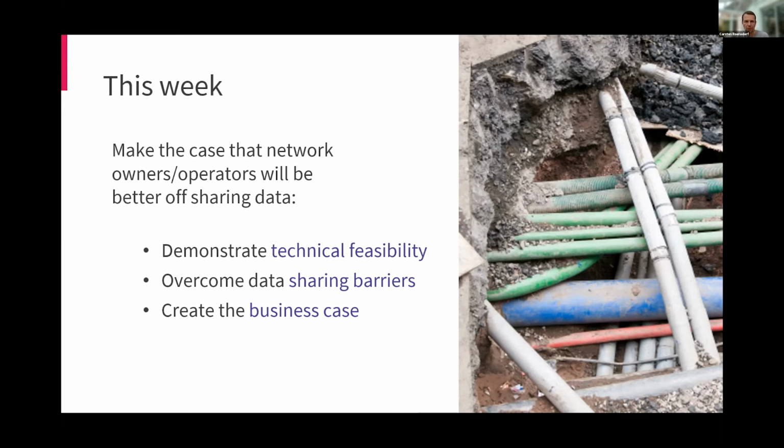And we had 3 work streams, one on demonstrating the technical feasibility, one on overcoming the data sharing barriers, which is largely looking at it from a legal perspective, as well as the business case creation to make the case that there is economic benefit in sharing underground data.